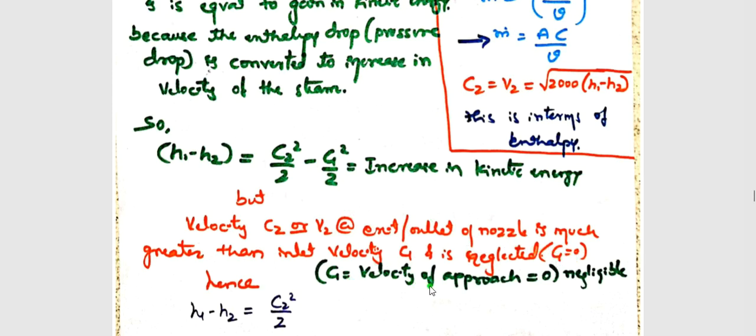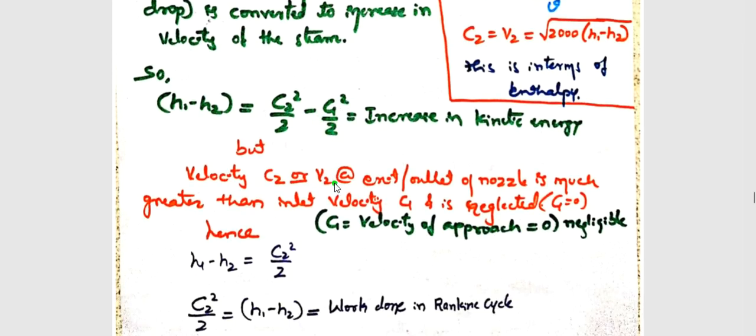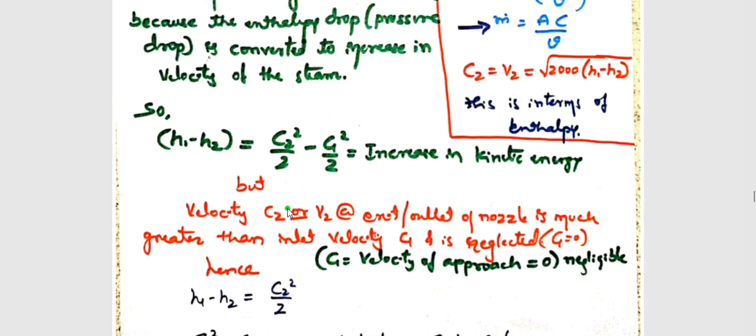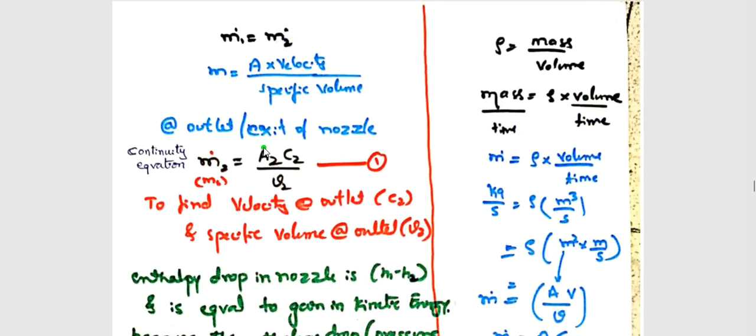C1 is the velocity of approach or velocity at inlet of the nozzle. So substitute the value of C1 as 0. So here h1 minus h2 as it is, equals C2 square by 2. C1 square by 2 I have substituted 0, so it is negligible. So I need the expression for C2, because in equation number 1, m dot, that is mass flow rate, depends on area, velocity at exit and specific volume of fluid at exit.